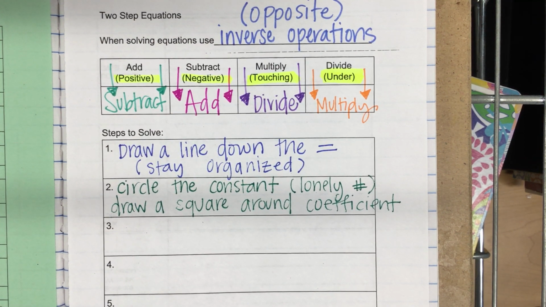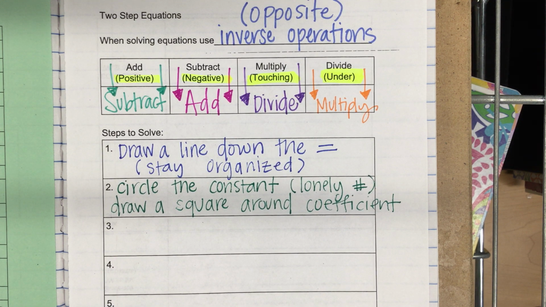If the constant's the lonely number, the coefficient is the number with the variable. You need to be able to identify them. Constant, coefficient.